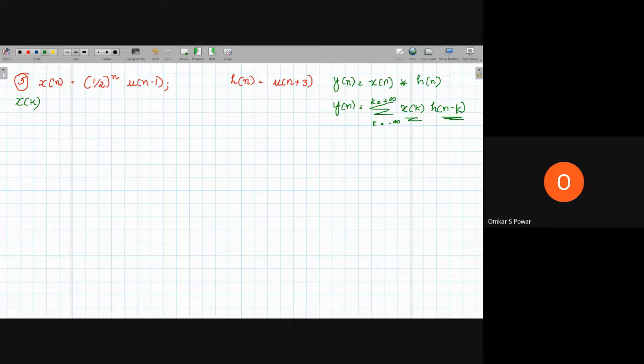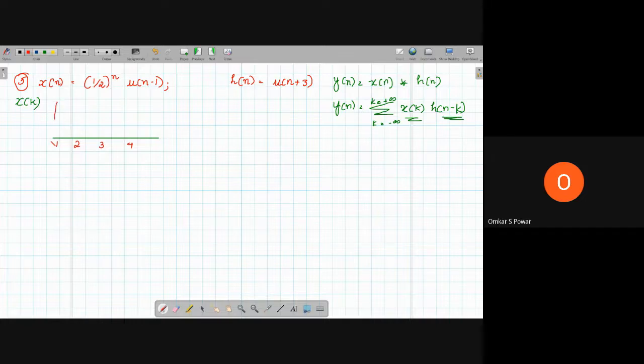So let me plot this neatly. Okay. So it starts from 1 and it goes on. Okay. So this is half power n. So half of 1, half of 2, half of 3.